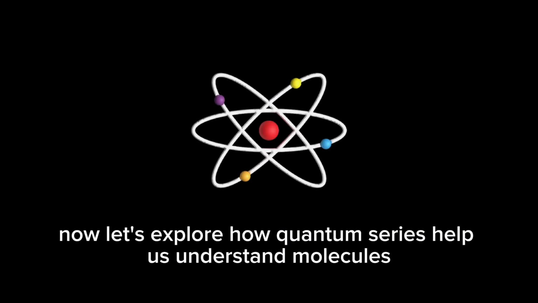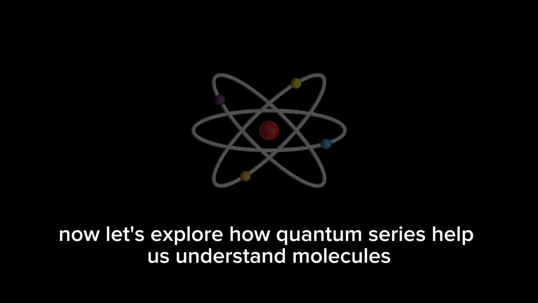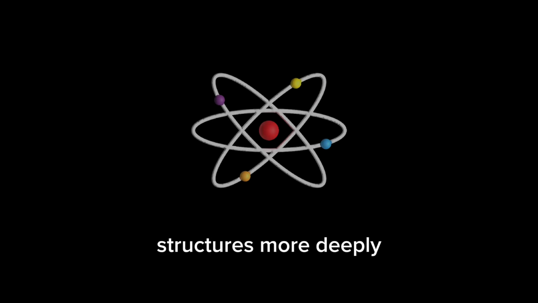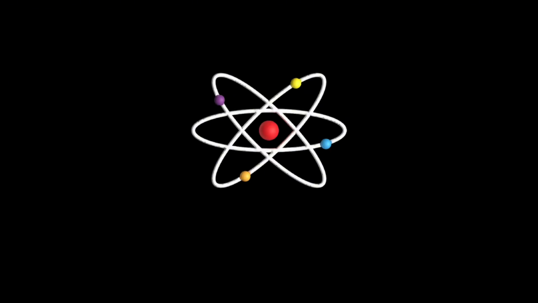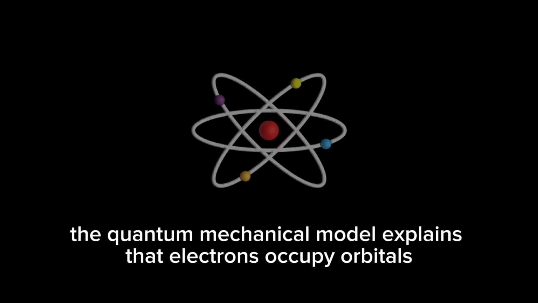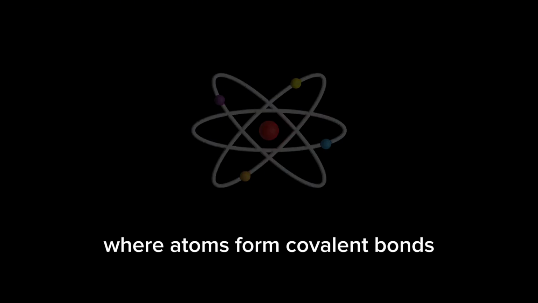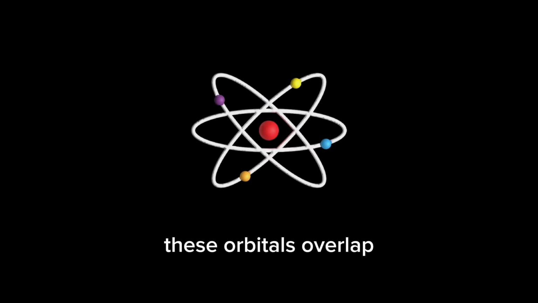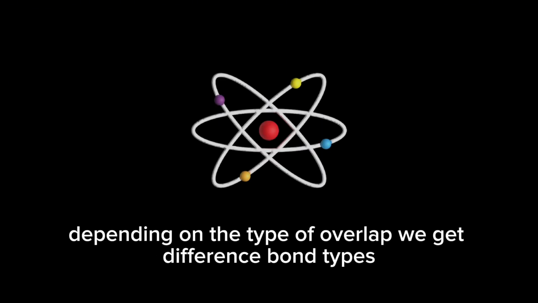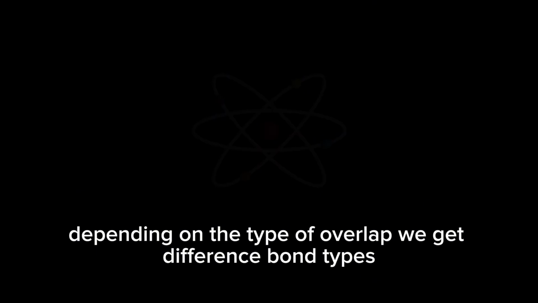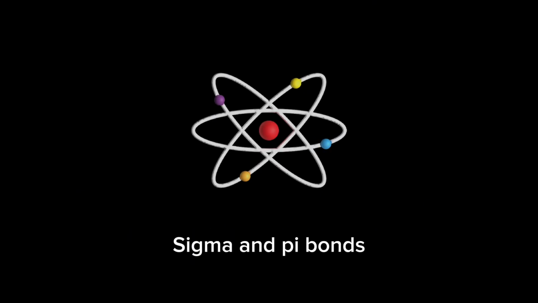Now let's explore how quantum theory helps us understand molecular structure more deeply. The quantum mechanical model explains that electrons occupy orbitals, regions where they are most likely to be found. When atoms form covalent bonds, these orbitals overlap. Depending on the type of overlap, we get different bond types, sigma and pi bonds.